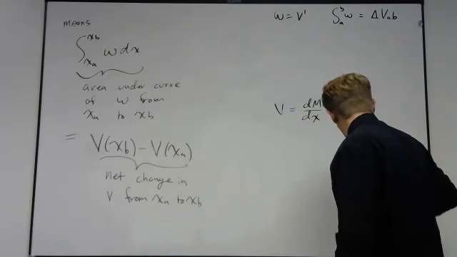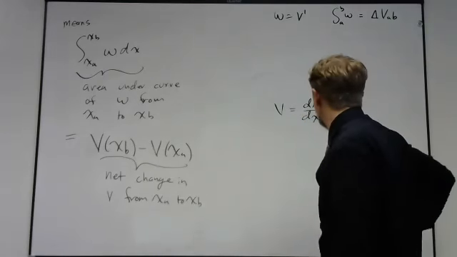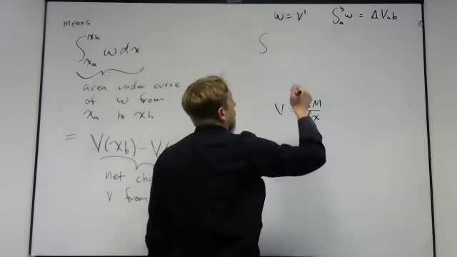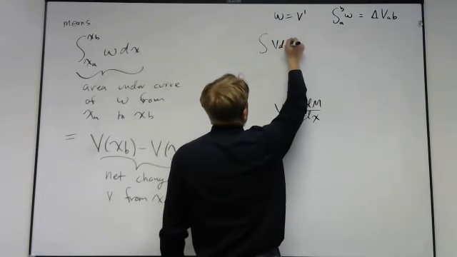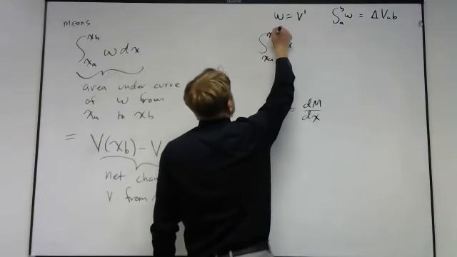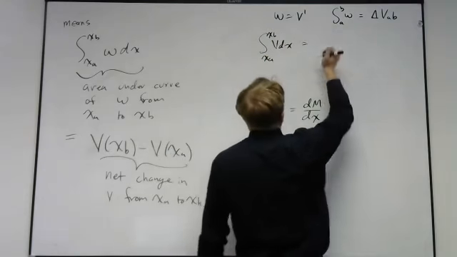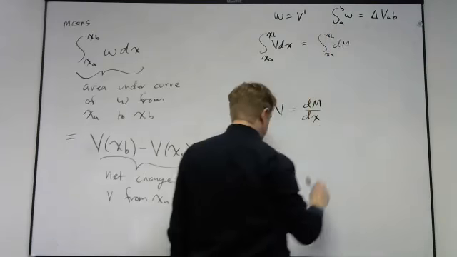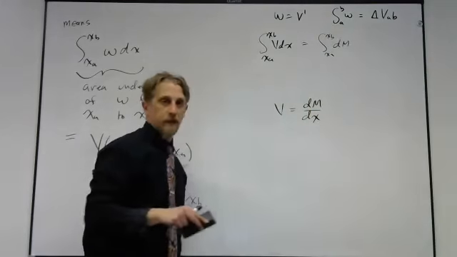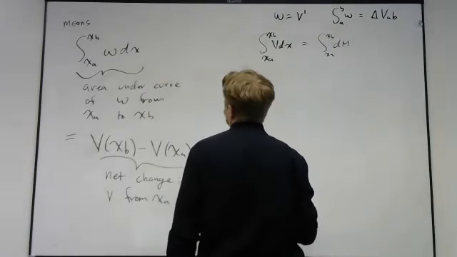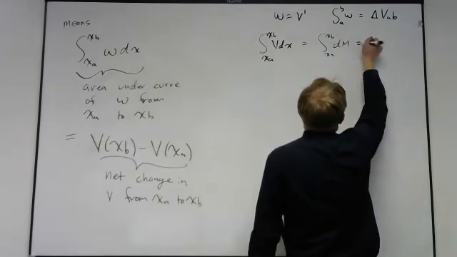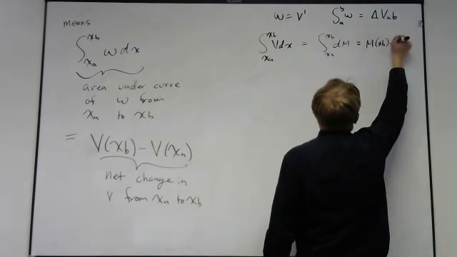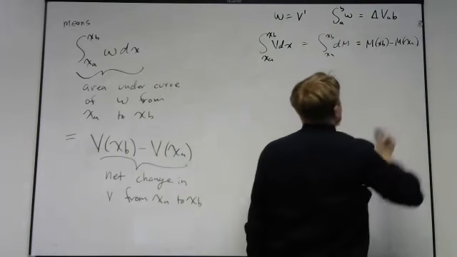Our second equation, I'll leave it here. We're going to integrate on both sides. I have the integral of V dx from XA to XB is equal to the integral of dM from XA to XB. Just integrate both sides. Therefore, this is going to be M at XB minus M at XA.